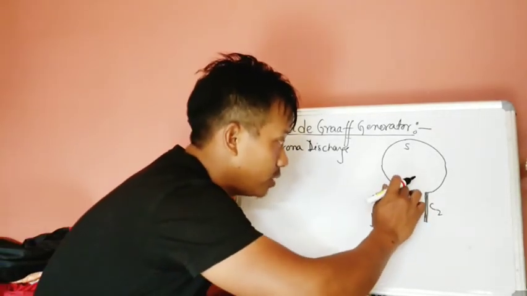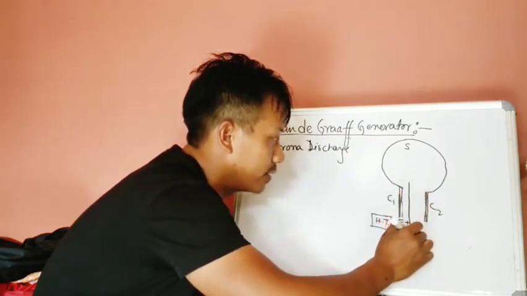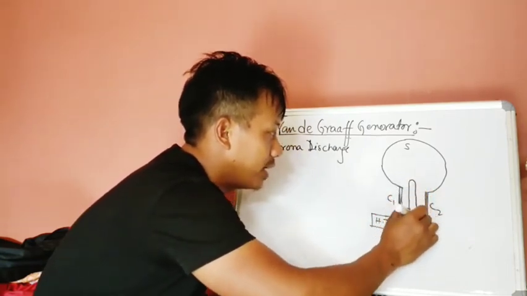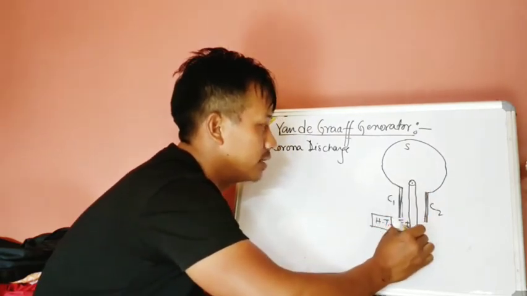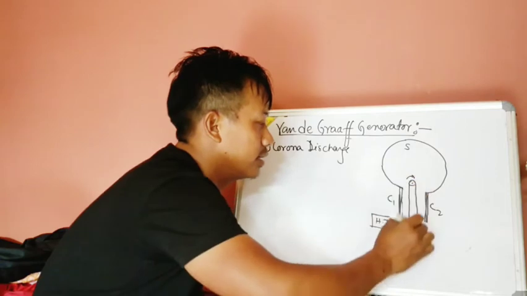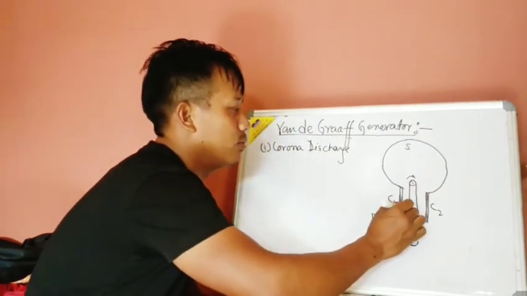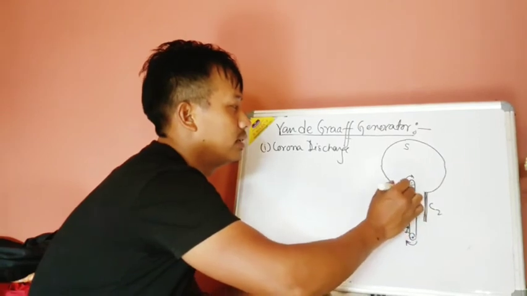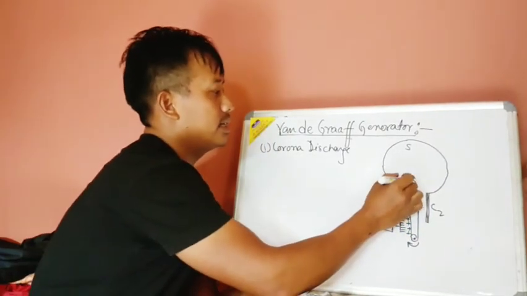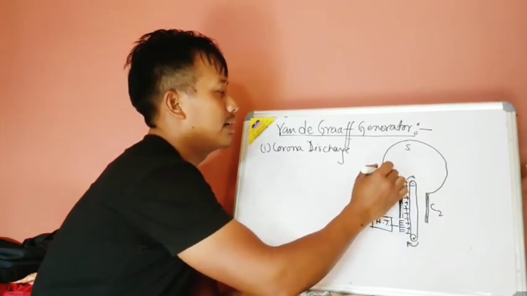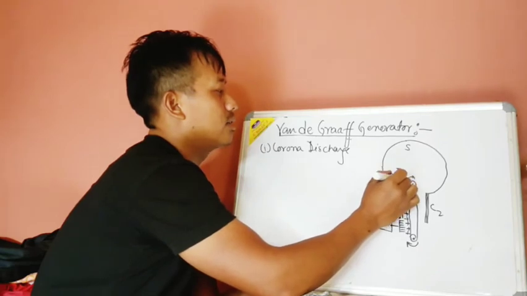When you have these positive charges, let us have a rotating belt like this. The pulleys are rotating, and as the pulley rotates, the charges accumulated here will move upward. Near the upper end, let us connect another comb.